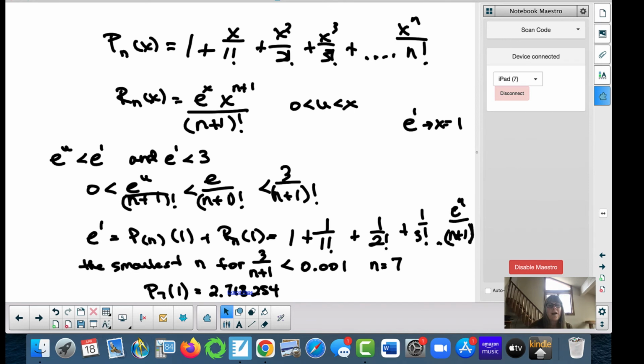So that's our approximation for e using a Taylor polynomial of degree 7. And we know that that error is going to be less than 1/1000th because we used that 7 and we calculated that that error had to be smaller than that number.